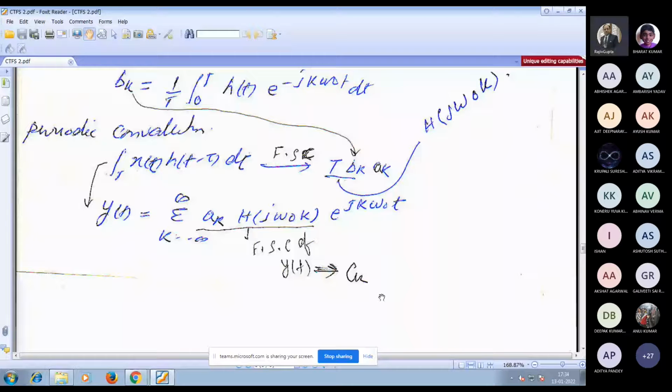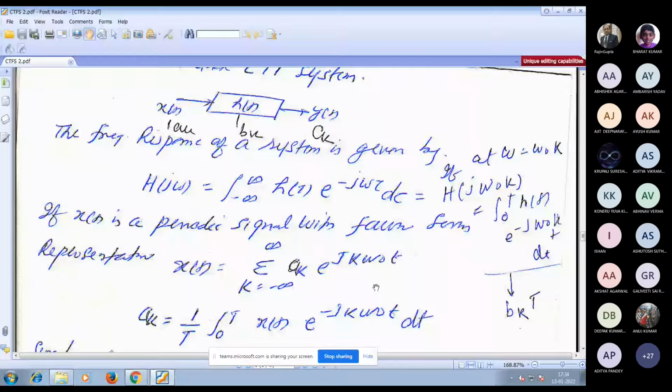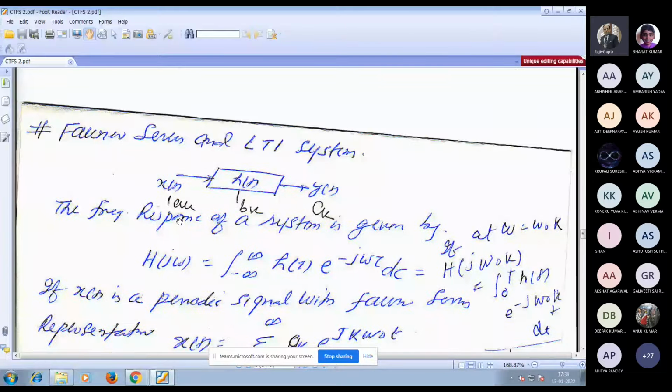Now look at the important things regarding this. Suppose you know the Fourier series coefficient of x of t, which is your ak, and you know the frequency response of the system, that is H of j omega, and this H of j omega can be calculated at omega equals omega naught k.